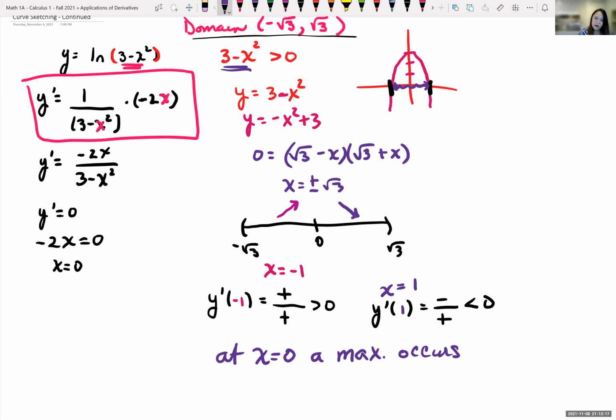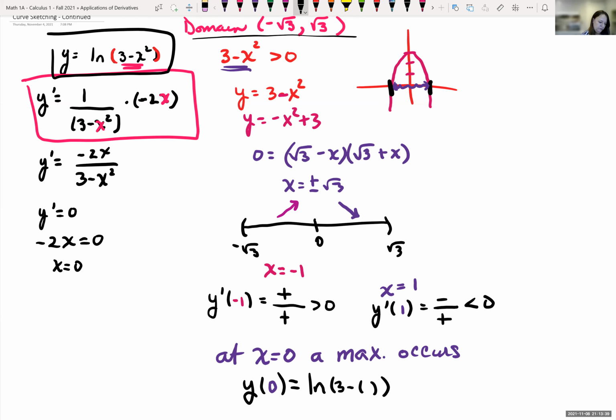But in order to figure out what that max is, I have to plug that back into my original function. So if we go in here and we plug in 0, wherever we see an x in our original function, that will give us the point. And so we have for our original function, y is equal to the natural log of 3 minus 0 squared, which is the natural log of 3.